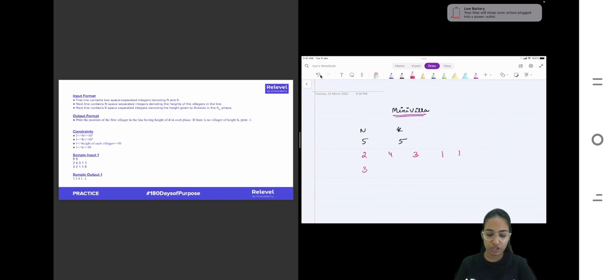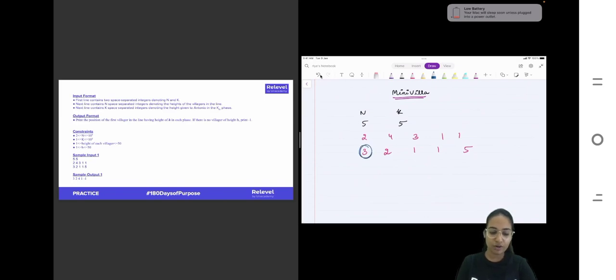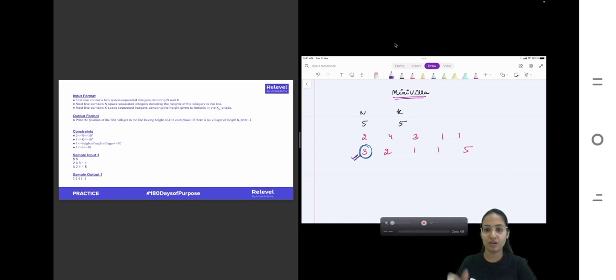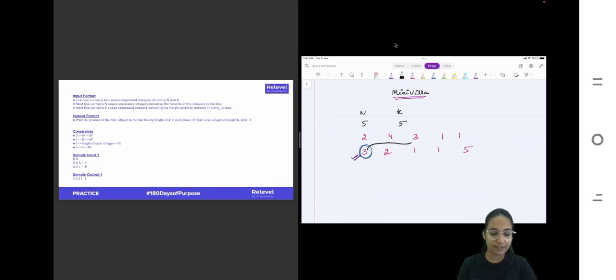And then for the queries, the input was 3, 2, 1, 1 and 5. For the first query, you have to find the first villager having height 3, and you can see that villager is at index 3 if I consider 1-based indexing.